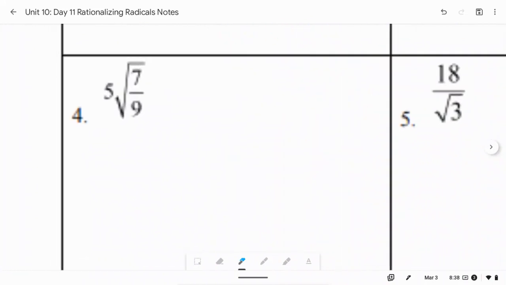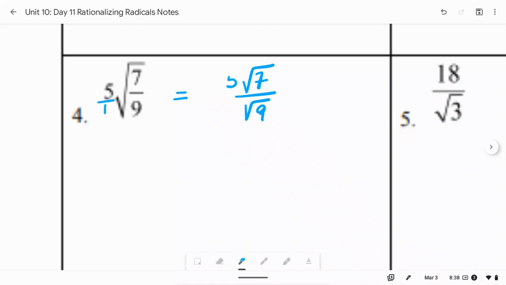In example 4, again, we have an entire fraction underneath a square root. So I'm going to break it up into 2 square roots. So square root of 7 over the square root of 9. And then there's a 5 in front. So the 5 is technically, if we write this as a fraction, 5 over 1.